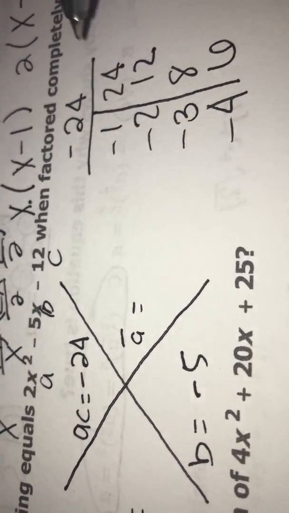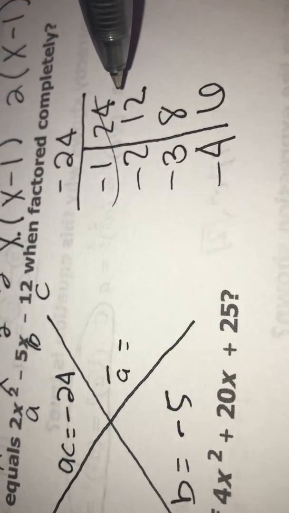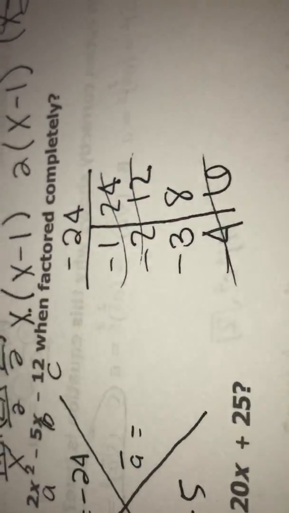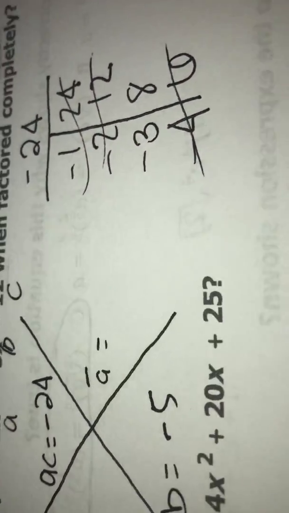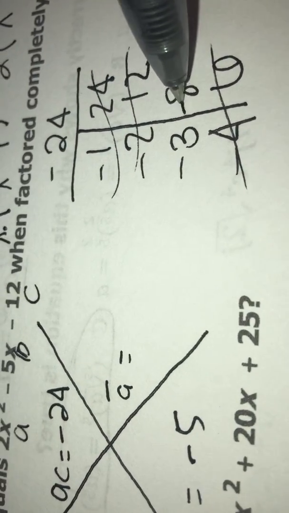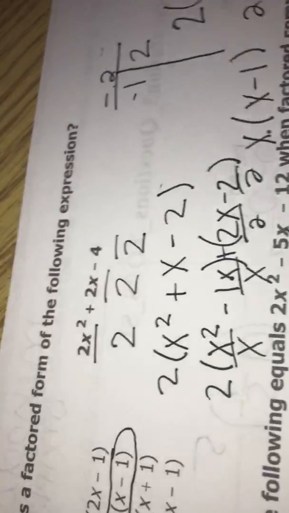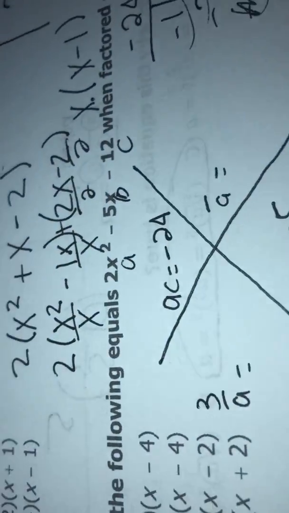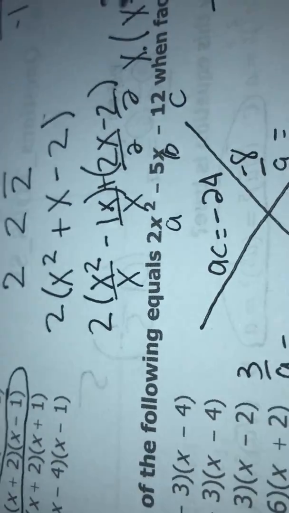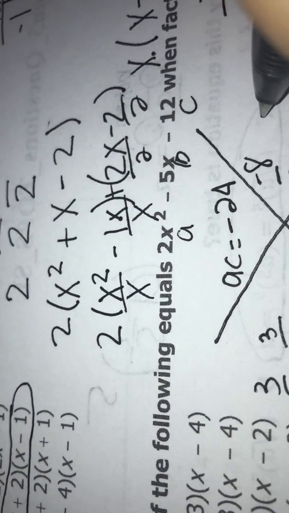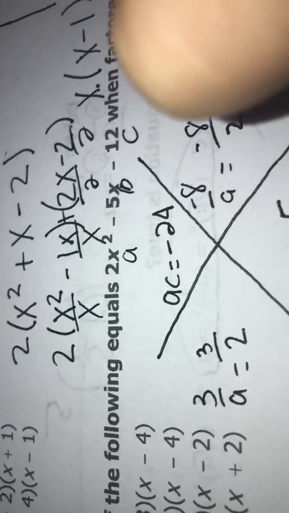This one's definitely out. 2 minus 12, that's definitely out. 6 minus 4, that's definitely out. So 8 minus 3 gives us 5, but the negative would have to go on the 8 side, so negative 8 plus 3 would give us negative 5. And that's where the over A terms come in. So we'll put 3 over A, negative 8 over A, and 3 over 2, and then we have negative 8 over 2.